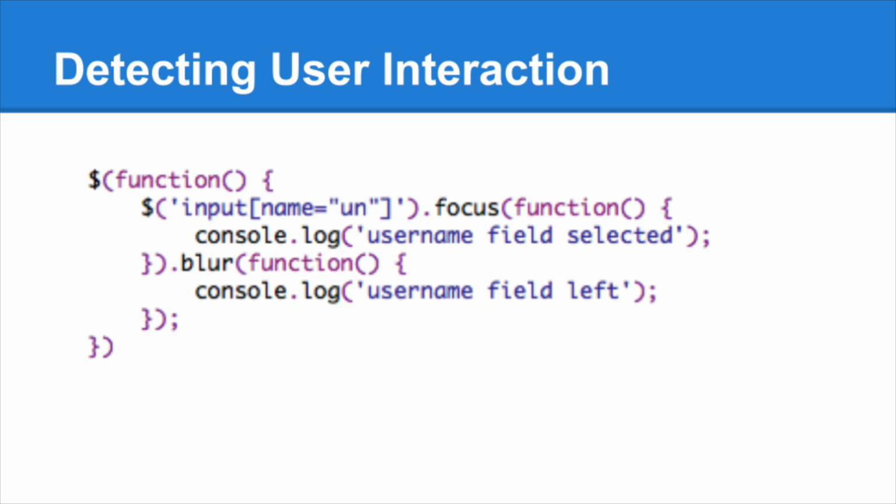So now I'm saying, dot focus. And I've created a little function to handle when I select that box. And in this case, I'm just sending a message to the console, to the JavaScript console, like I showed you last week. Remember how you can send messages? And I've got another event, .blur here.